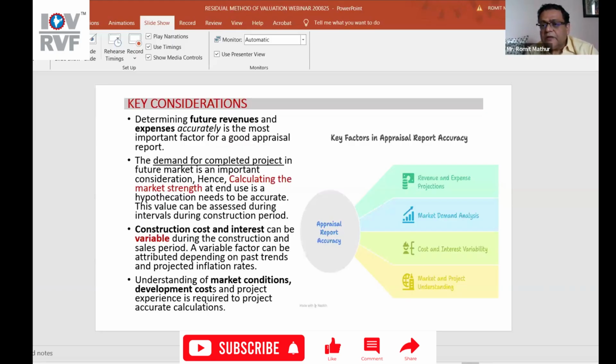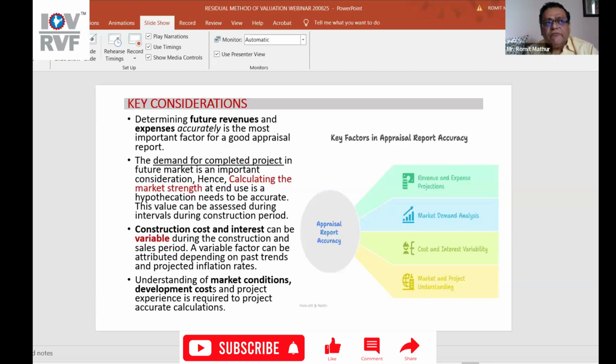So development cost, for example: if there is an increase in the price of the building material, then the developer knows where his margins are getting squeezed, and he knows what he has to do to take the project forward.